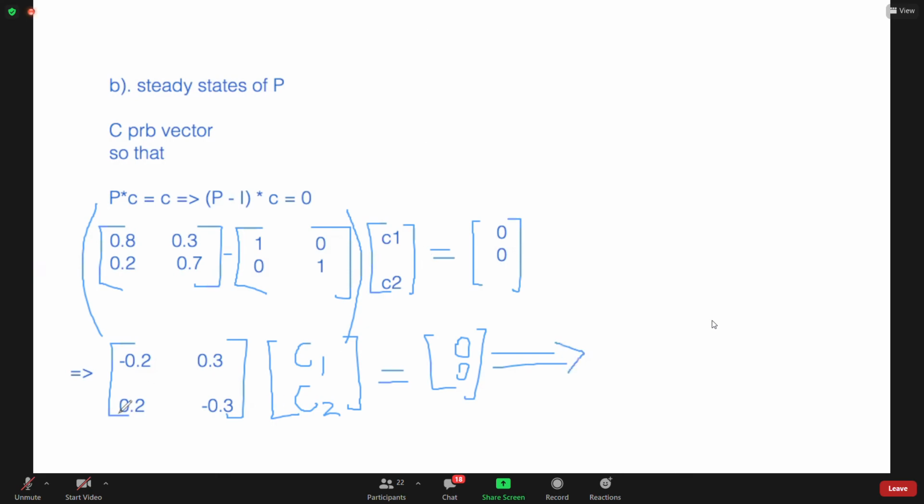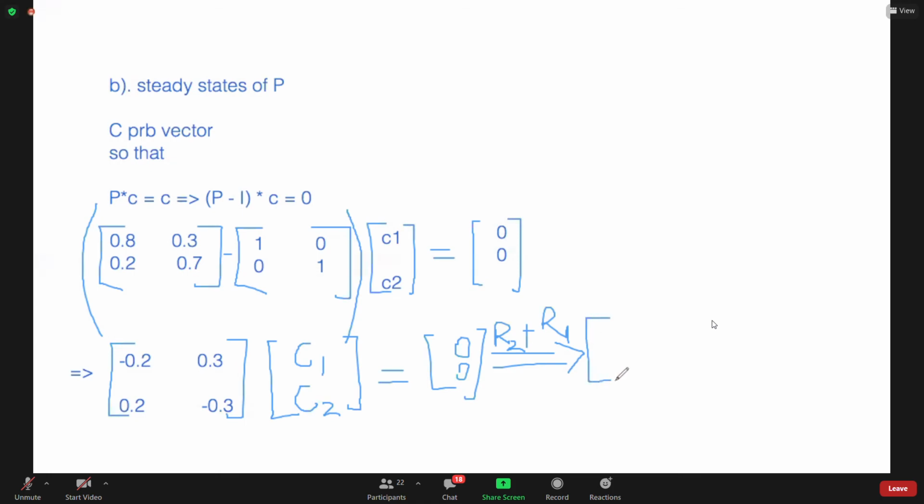For example, we can do row 2 plus row 1. Why did I say plus row 1 and not minus? Because row 1 contains a negative here, which is going to turn my 0.2 into a 0. And here I have a positive, which will turn my negative 0.3 into a 0. This is why I have a plus.